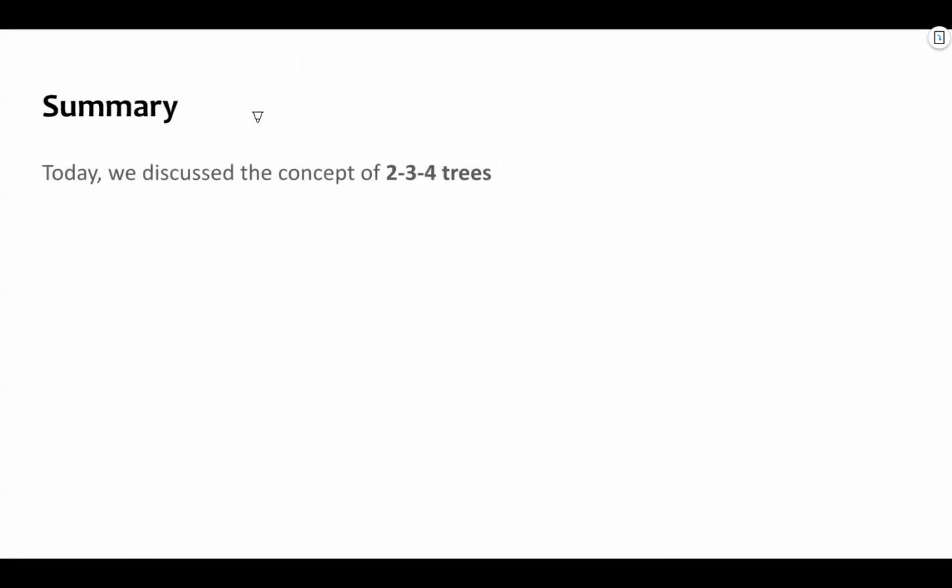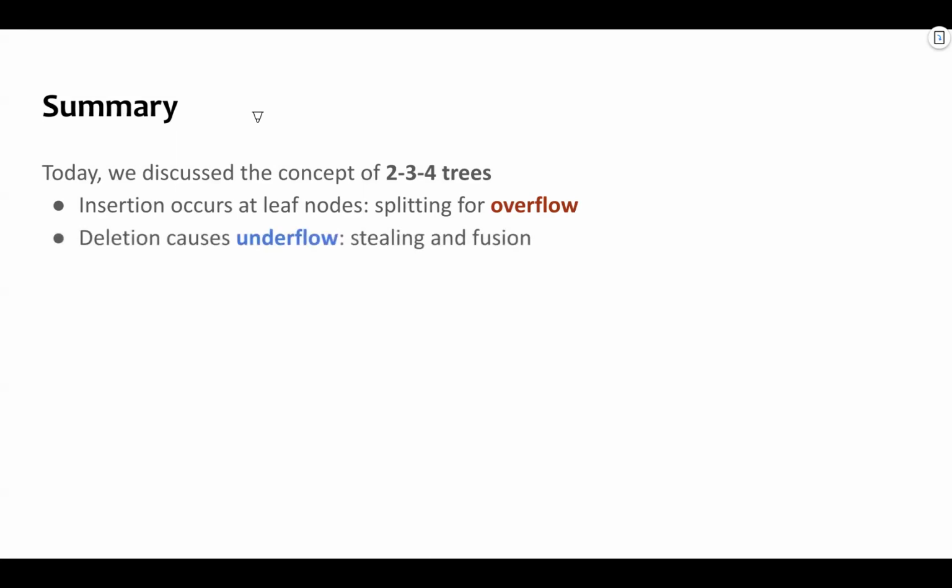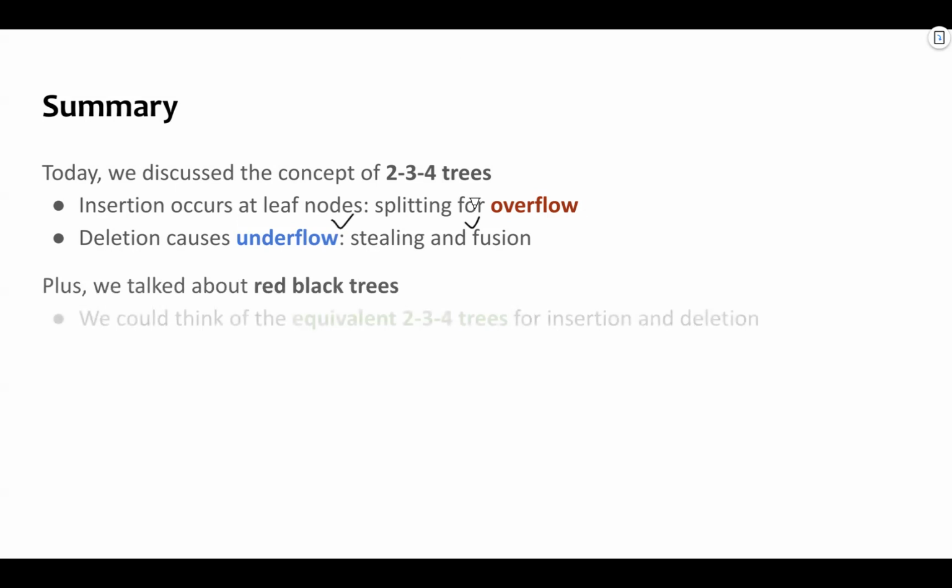So the summary is, we discussed the concept of 2, 3, 4 trees. Insertion occurs at leaf nodes, and we split when overflow occurs. Deletion sometimes causes underflow, then we steal or fuse some nodes to resolve this issue. Plus, we talked about red-black trees.